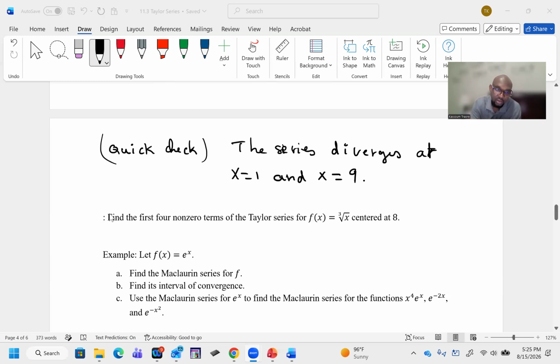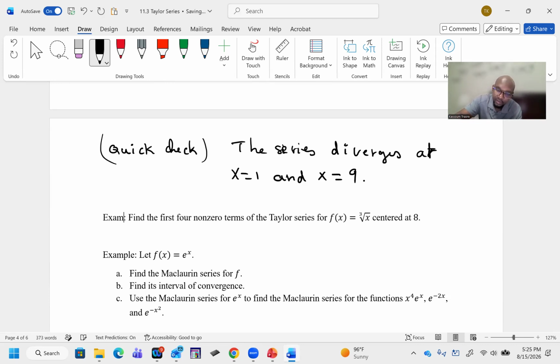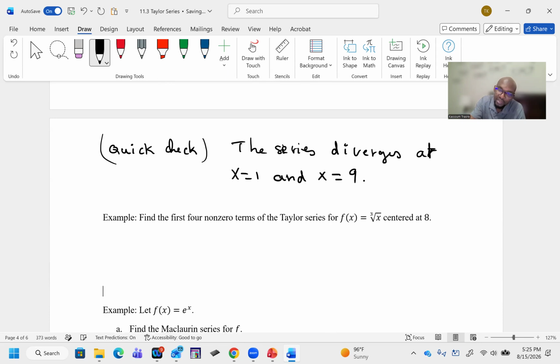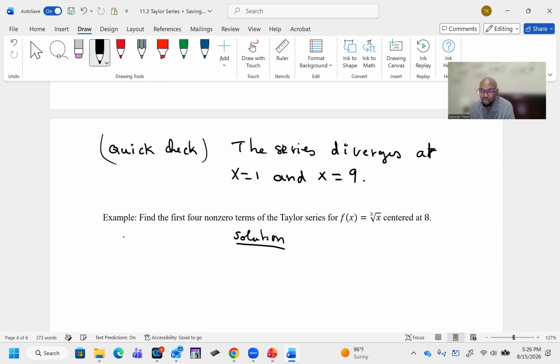So now let's do our next example: find the first four non-zero terms of the Taylor series for f of x is equal to the cube root of x centered at 8. Notice that f has derivatives of all orders at x is equal to 8.